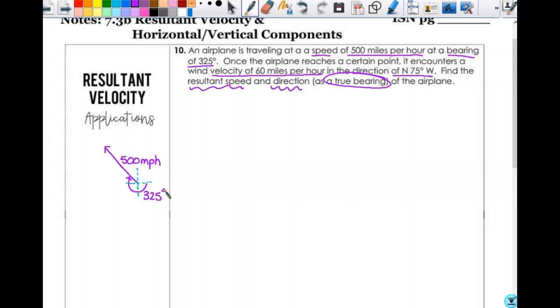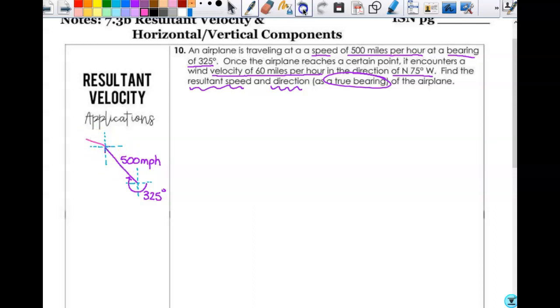Okay, so then it encounters a wind velocity. This wind velocity is north 75 degrees west. So I'm going to go north and 75 degrees west, probably about right here. And it's only 60 compared to the 500, so it's going to be a lot shorter.